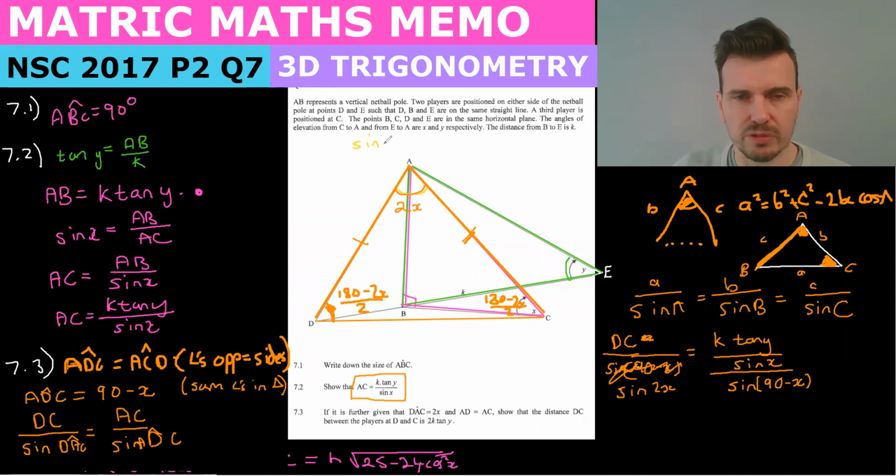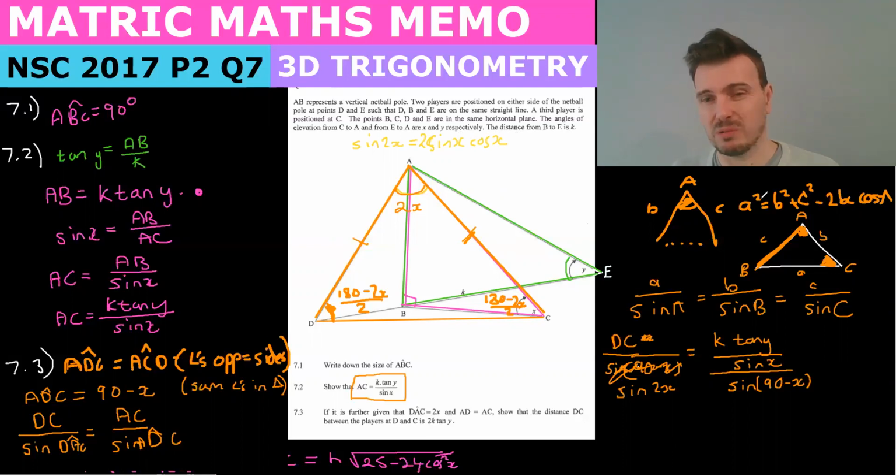So you're going to go to the formula sheet just at the top, and then sine 2x is equal to 2 sine x cos x. Okay, looking back, it would have definitely been easier to do the cos rule, and I would have done it, but as I said, I wanted to do a sine rule just to do something a bit different. So this sine 2x becomes 2 sine x cos x.